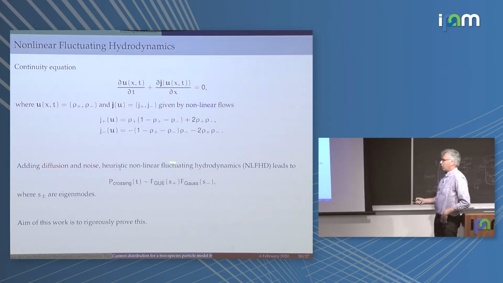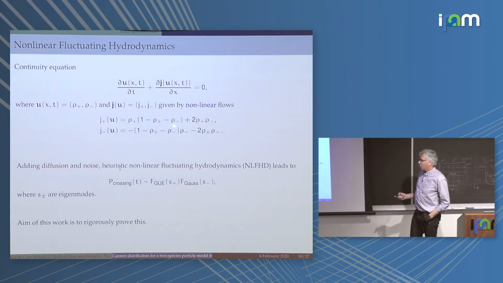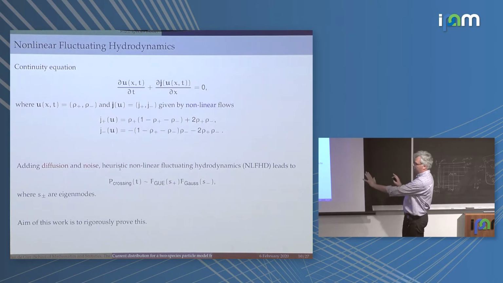This idea or this theory is called nonlinear fluctuating hydrodynamics, and if you start from this starting point, you can derive that the probability that the two families cross completely in time has a distribution which is a product of a GOE and a Gaussian.